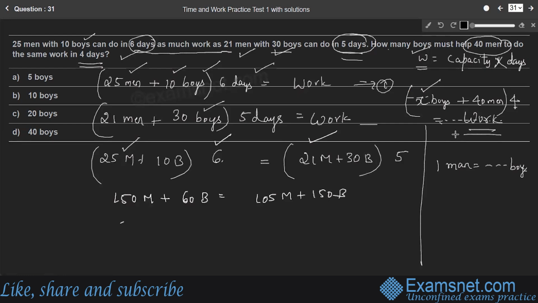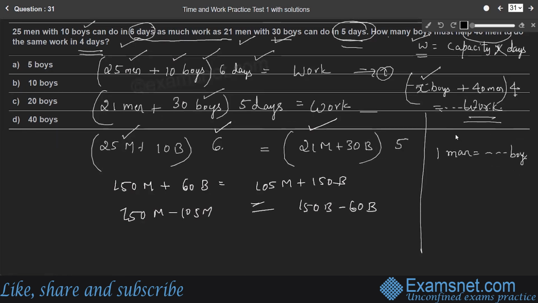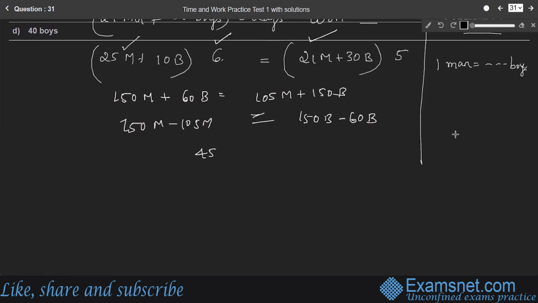Therefore, 150 men minus 105 men is equal to 150 boys minus 60 boys. Therefore, 45 men is equal to 90 boys. So one man is equal to 90 by 45 boys, which is nothing but 1 man is equal to 2 boys.